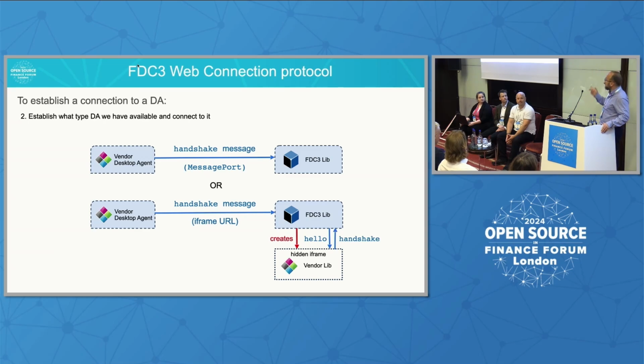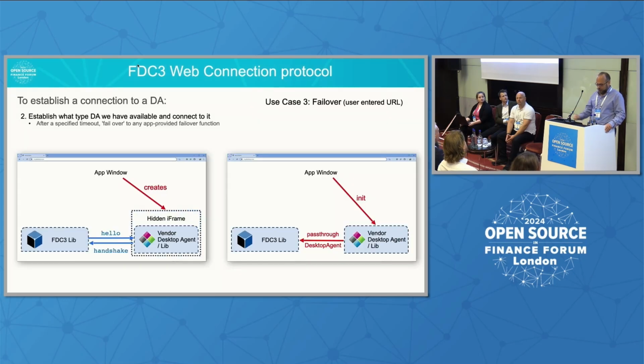And that will contain one of two things, either a message port, which we'll conduct all future communication over, which will be secure between the desktop agent and the FDC3 library, or it can actually send back an iframe URL, so a URL to load into a hidden iframe, which the library will create, and that can work as an adapter to the desktop agent in some way, and we'll use the same methods of communication with that. It's just acting as a proxy.